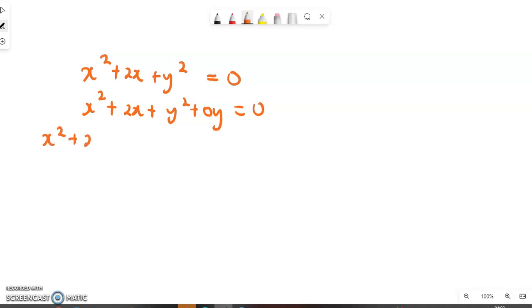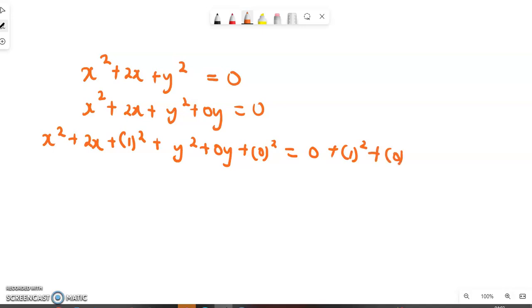It's x squared plus 2x, then a half of 2 is 1 all squared, plus y squared plus 0y, then the half of 0 is 0 all squared, is equal to 0 plus 1 all squared plus 0 all squared.